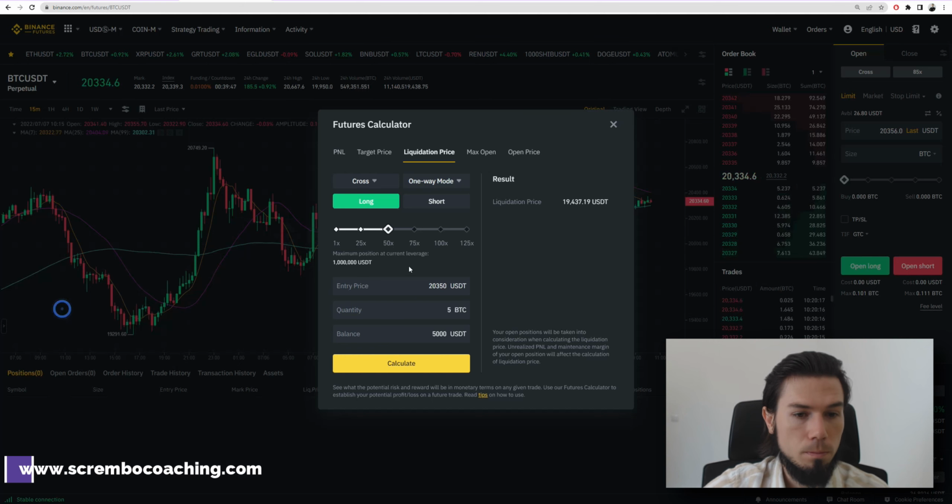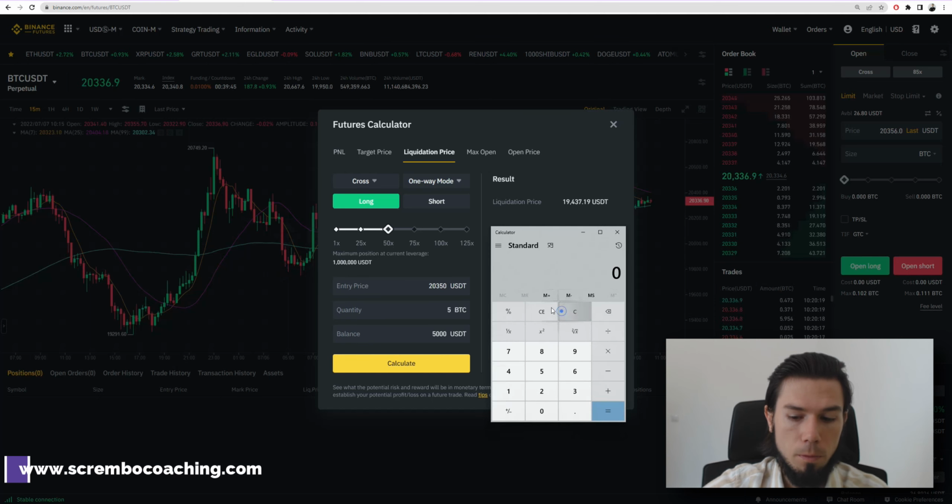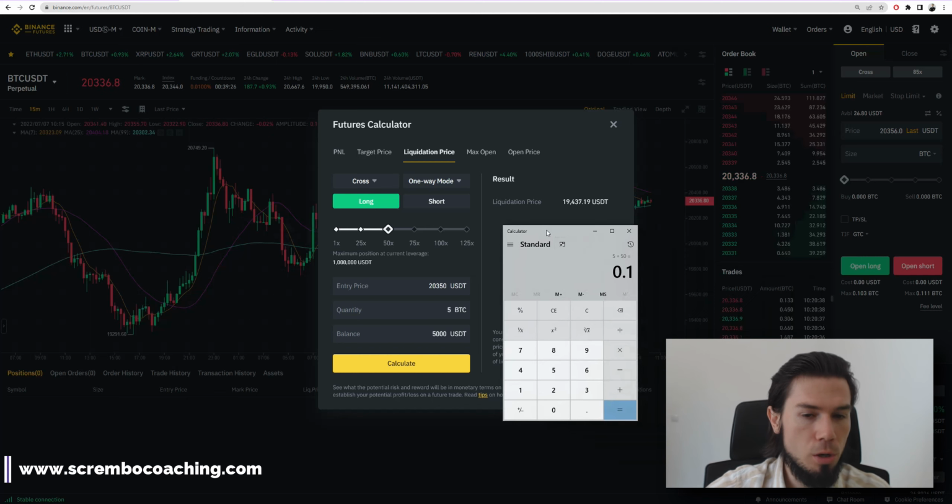So the value is going to be 5 divided by 50, 0.1 BTC, which is the initial margin that I need, $2,033.